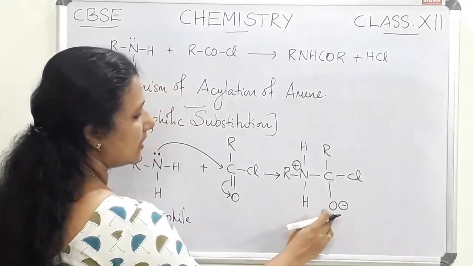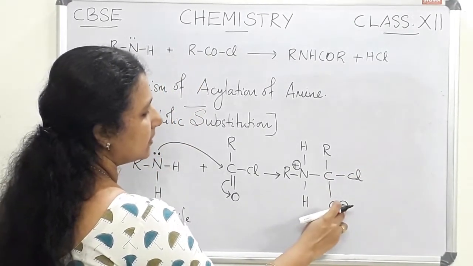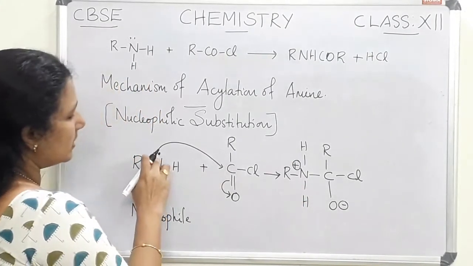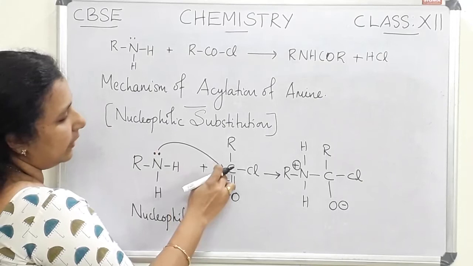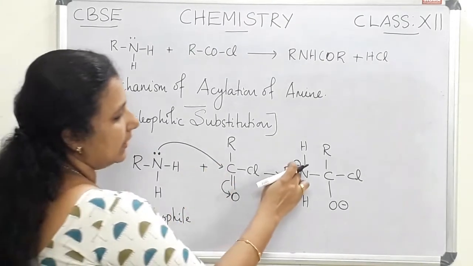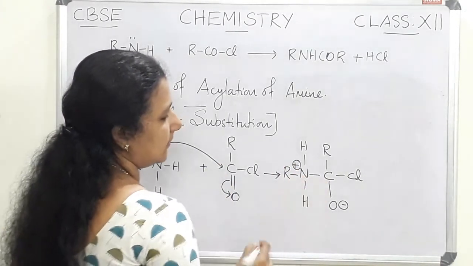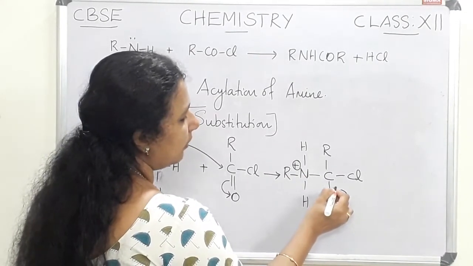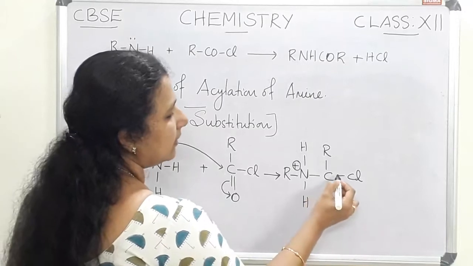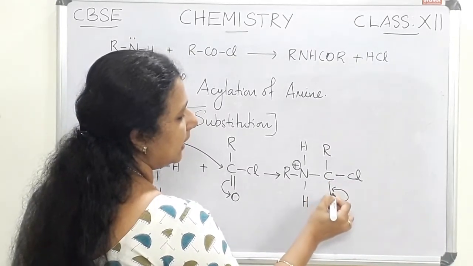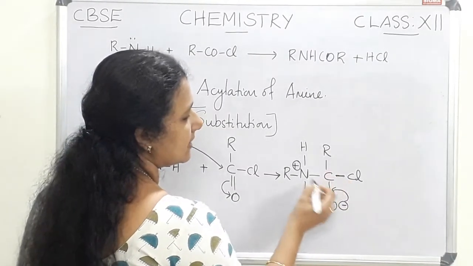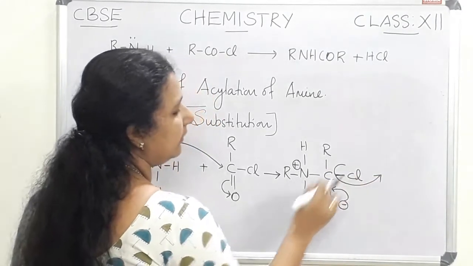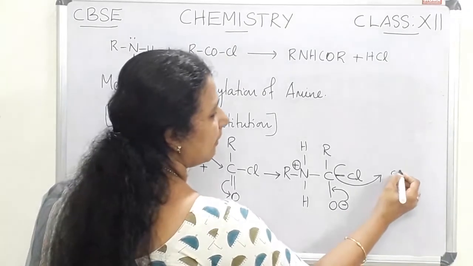So in this case oxygen gets a negative charge, and nitrogen gets a positive charge because the lone pair is donated to this carbon. So there is a deficiency on the nitrogen atom. Now these electrons are going back and there will be a double bond, and there are excess electrons, so chlorine will be eliminated as Cl minus.